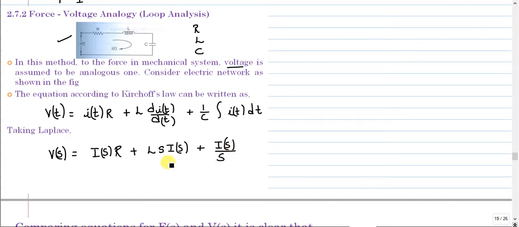So this will be the Laplace transform when you apply it to this equation.